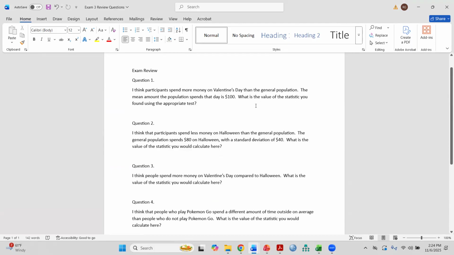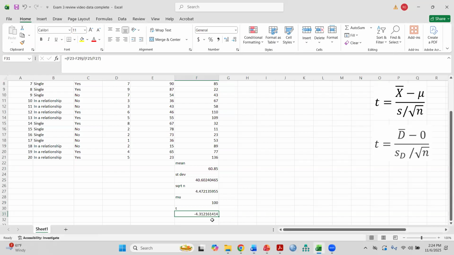Obviously, we're going to be wrong, but we can still look up in a one-tailed test whether or not these two means are significantly different from each other. And we needed to know that alpha is 0.05 and degrees of freedom, for a one sample t-test, are n minus 1.